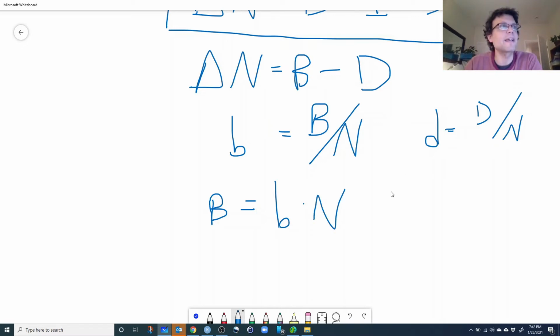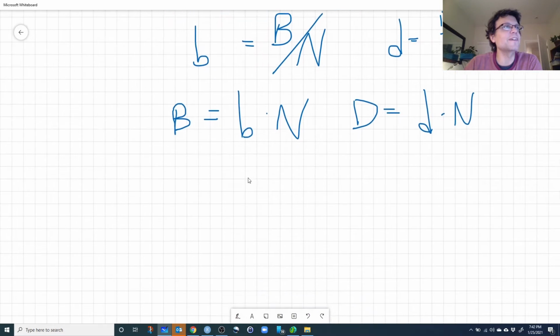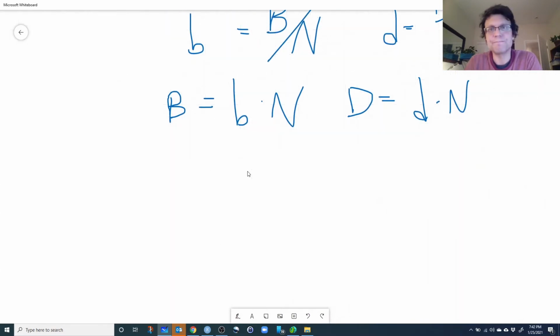In the same way, big D is equal to little d, the per capita death rate, times the total number of individuals in the population. And we can go even a little further here. So now we've defined big B and big D in terms of these more fundamental constants for a population: per capita birth rate and per capita death rate.